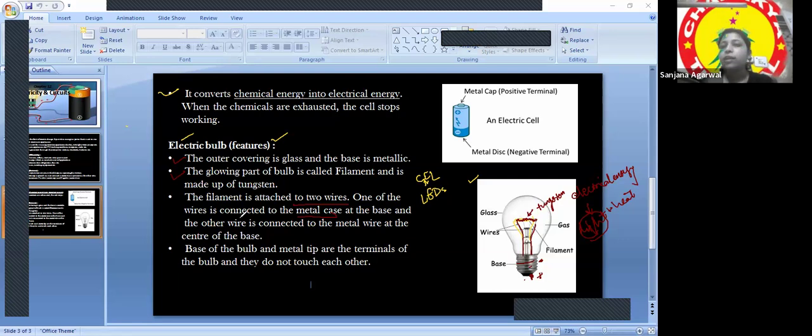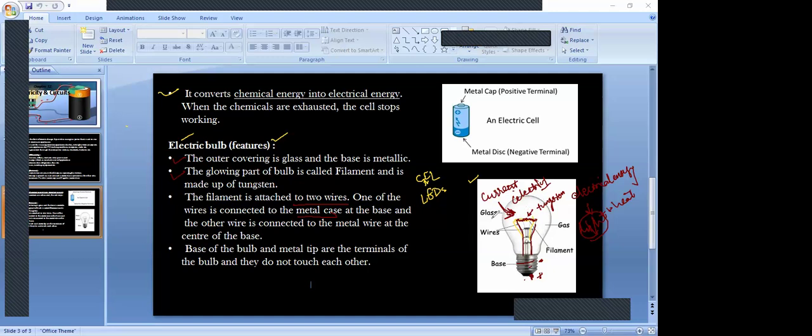If we give tungsten a very large amount of electric energy forcefully, where will that energy go? You may have heard that energy is neither created nor destroyed, it only transforms from one form to another. So this whole energy of current gets transformed into light energy.